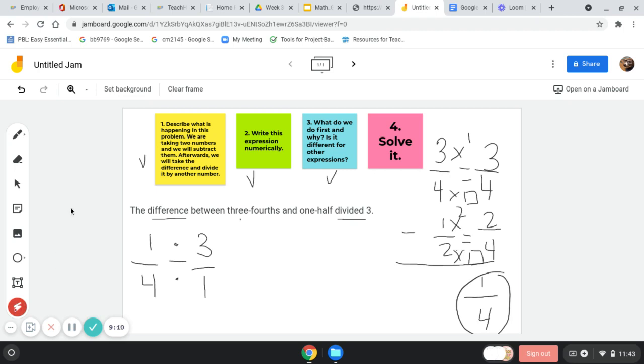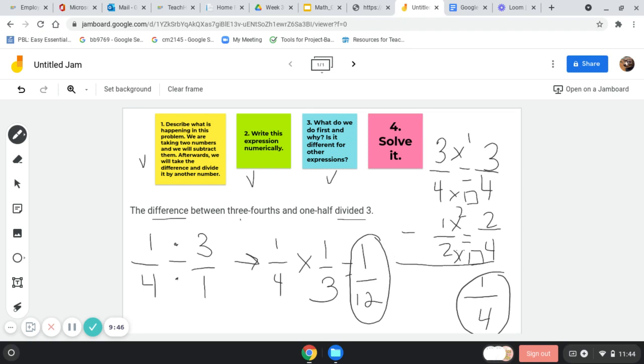But we all know the relationship between division and multiplication, especially regarding fractions. So we are going to make it 1/4 times 1/3, and our final answer becomes 1/12. So we solved it.